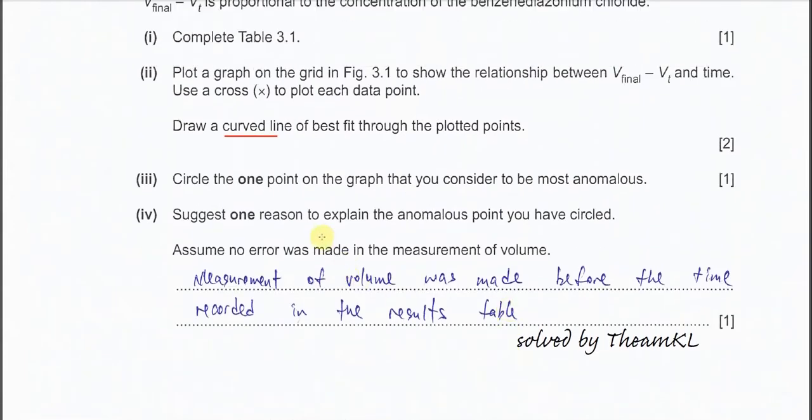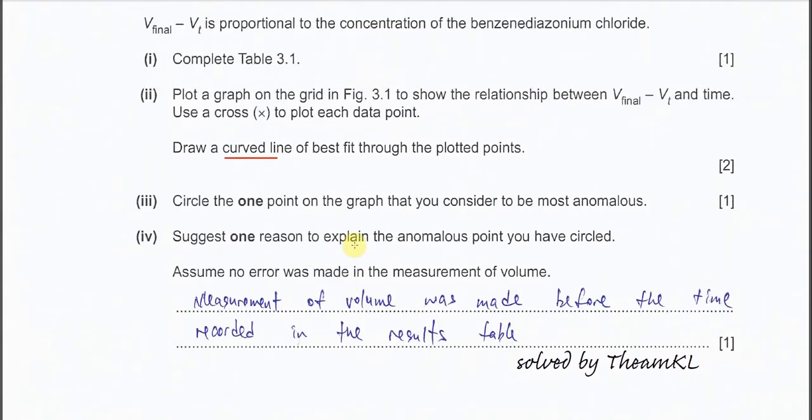Part 4, suggest one reason to explain the anomalous point that you have circled. Assume no error made in the measurement of volume. It depends on whether it is above the line or below the line, because mine is above the line.